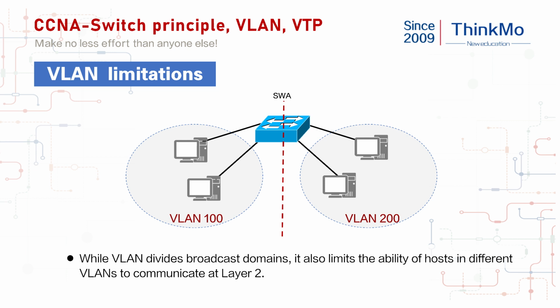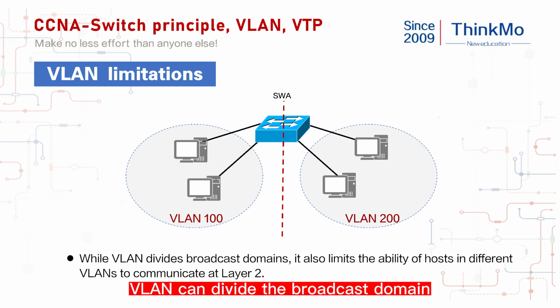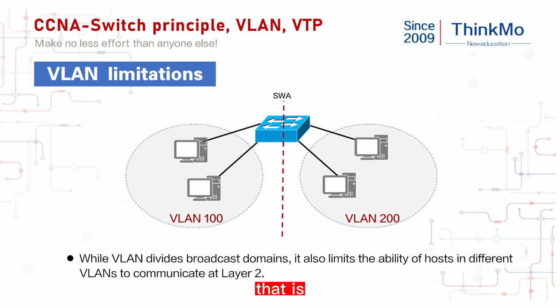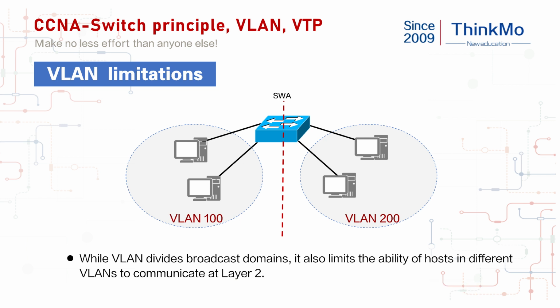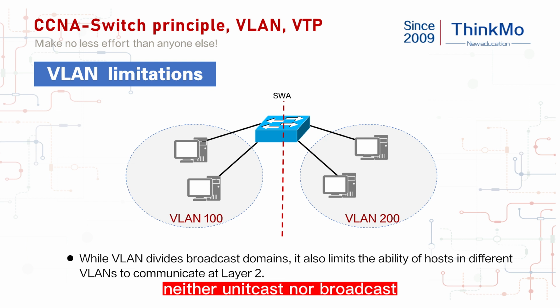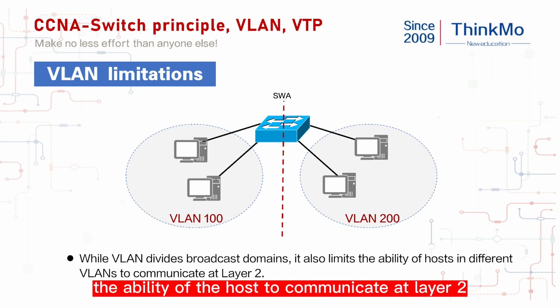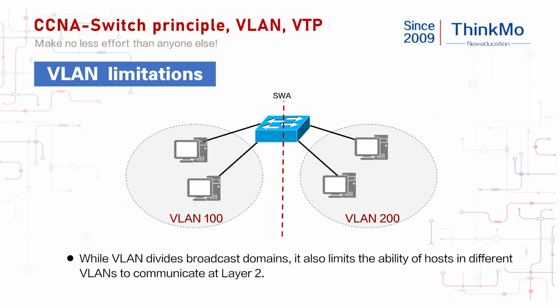Actually, VLAN can divide the broadcast domain. That is, there is no communication between different VLANs, neither unicast nor broadcast. But it also limits the ability of hosts to communicate at layer 2.